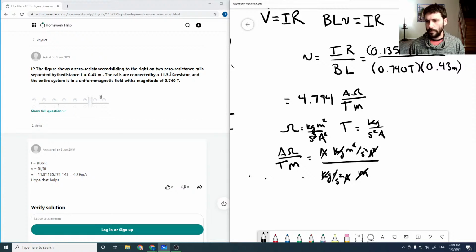So that leaves it per second, and this is just meters per second.